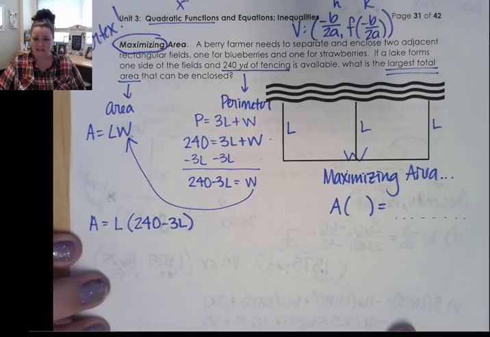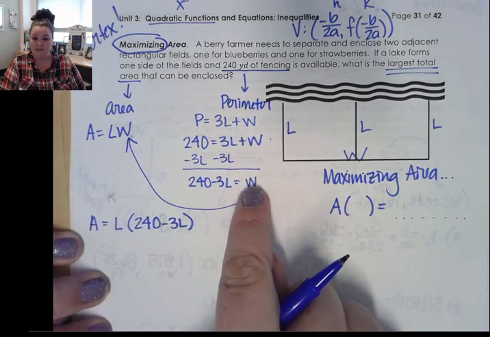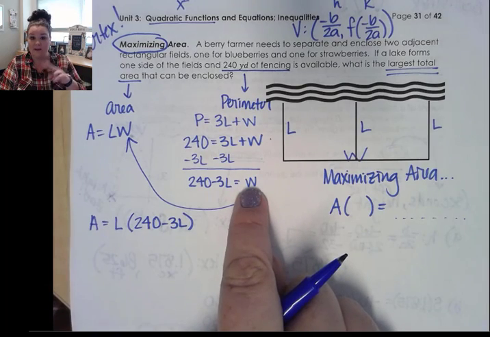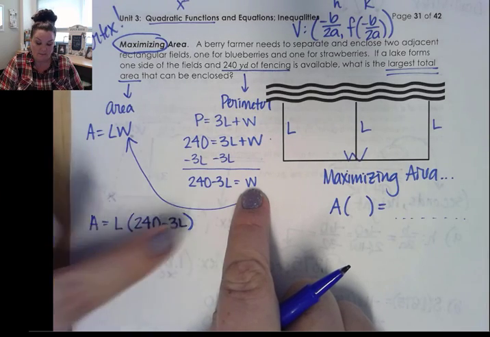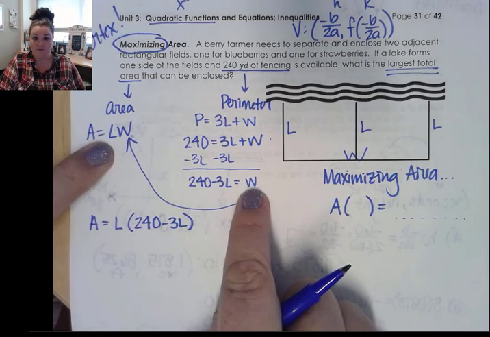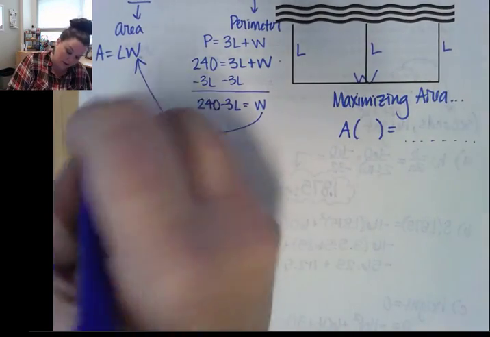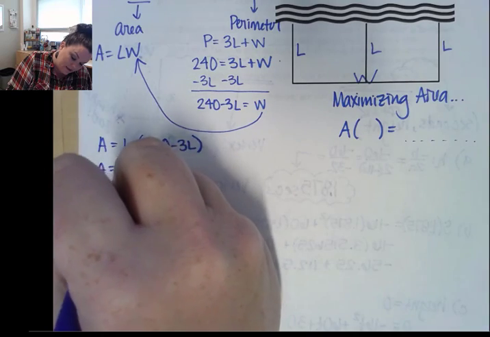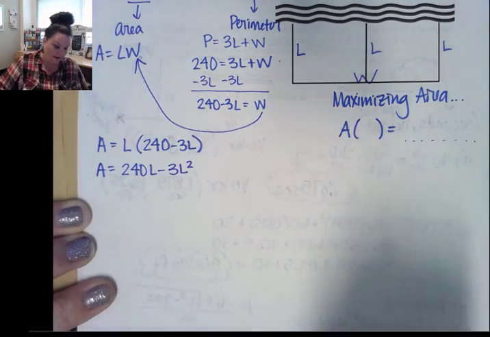Does that make sense? We use an existing relationship of perimeter to solve for either length or width. It wouldn't matter which one you do. I chose to solve for W because it was the easiest one to solve for. And then I'm going to plug that into my area formula, because now notice when I multiply this area formula, area is equal to 240L minus 3L squared.